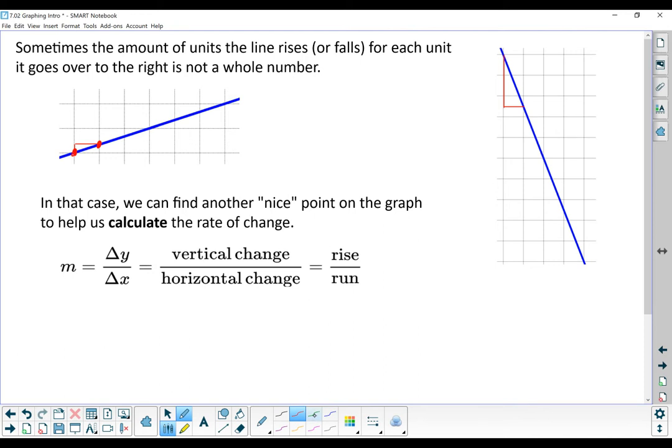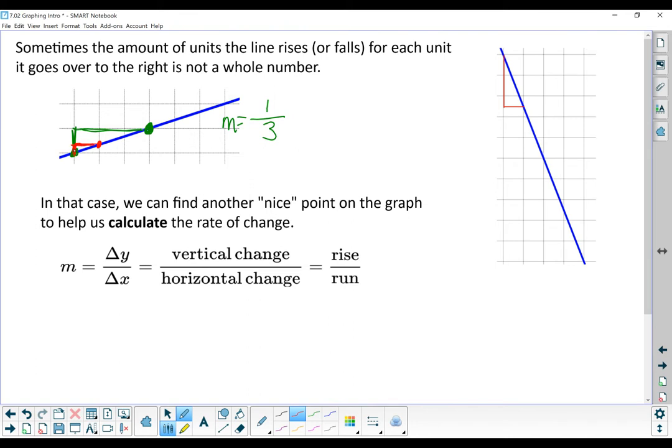So in that case, if we're trying to find the slope, we usually look for another nice point on the graph, and we can count how much it went up. So it went up 1 and it went over 3. So we would say the slope is 1/3. And that actually makes sense if you think about that original definition that we talked about.